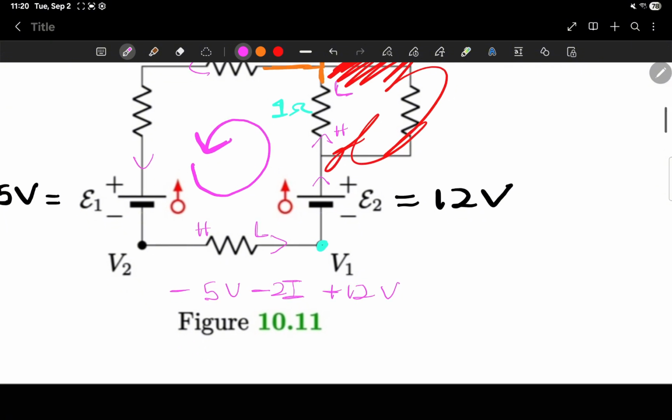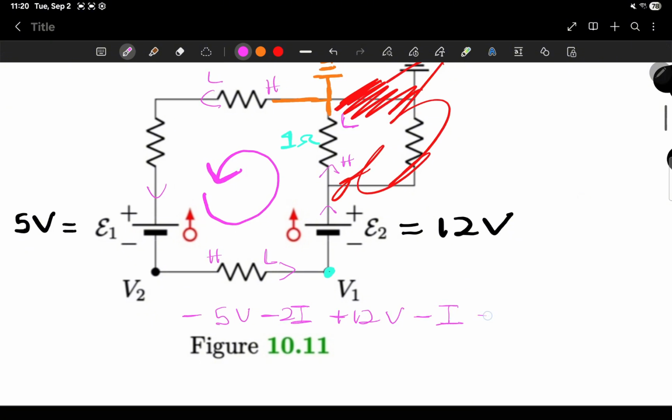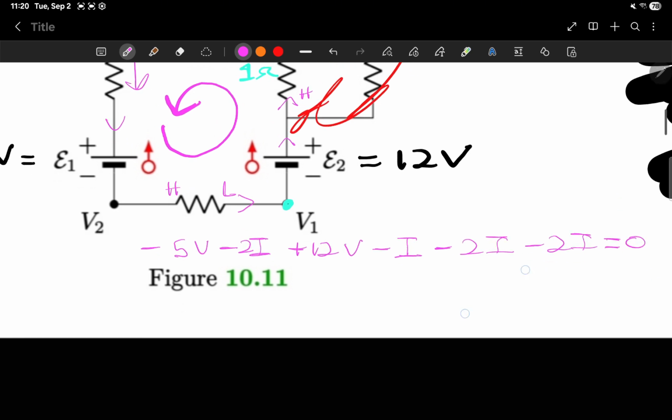So it's IR, so negative 1 ohm times I, I'm just going to put negative I to make it simpler. Then I'm going through this resistor, again it's 2 ohms running from high potential to low potential. That's going to give me minus 2I, and then the same thing here, high to low, minus 2I again. Now all I need to do is simplify this equation.